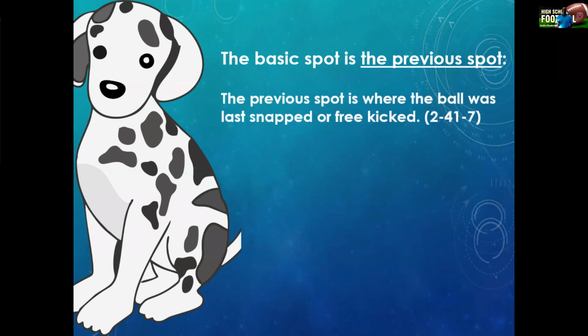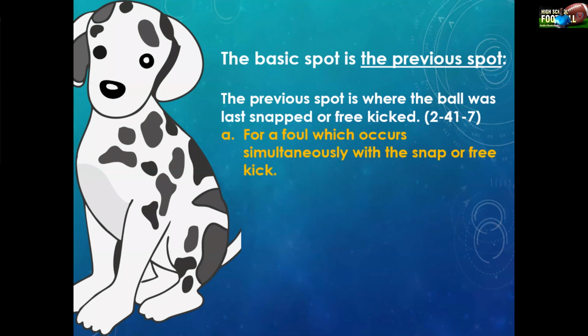All right, the previous spot is where the ball was last snapped. I put a definition in there to let you know what the previous spot is. All right. Okay. So a foul which occurred simultaneously with the snap or free kick. So remember we went over all of those simultaneously with the snap? Okay, so if we have a foul simultaneously with the snap, no matter if they ran it, it doesn't make a difference if they threw it, or let's say they ran it down the field.